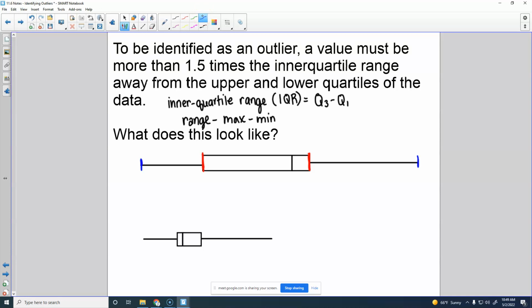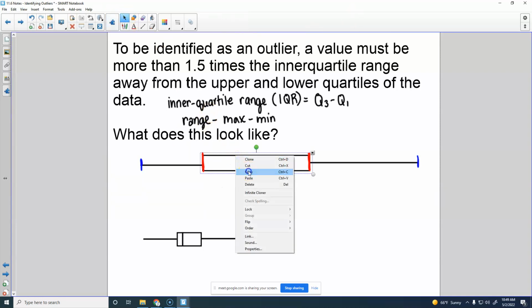So it must be, to be identified as an outlier, a value must be more than 1.5 times the interquartile range away from the upper and lower quartiles. So interquartile range, I said, was the box, right? So I can do this right here.